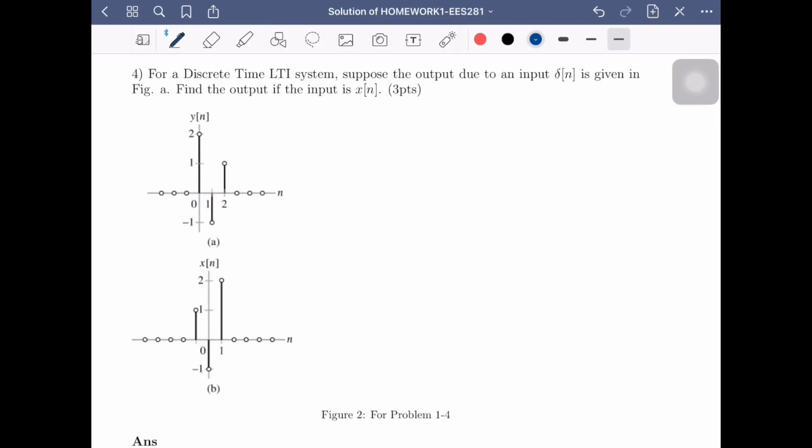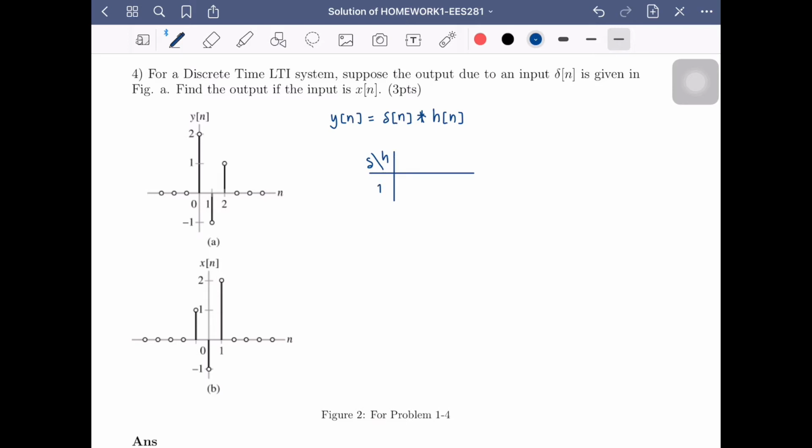For the first question, we have to find the output for the input x[n], and we know that y[n] comes from the convolution sum with h[n]. We know that for delta with h, we have a table like this.